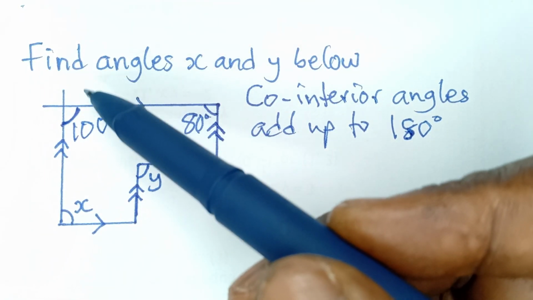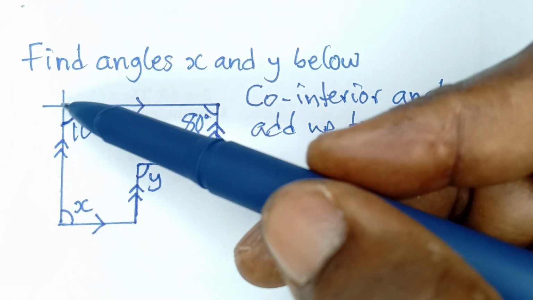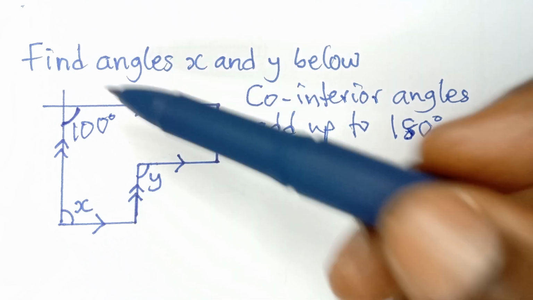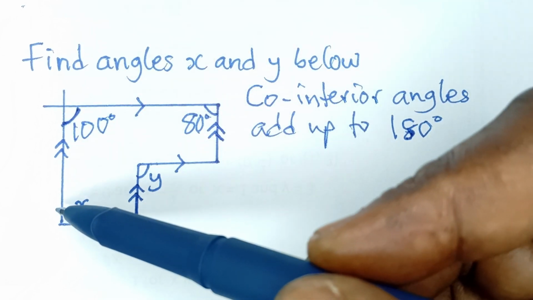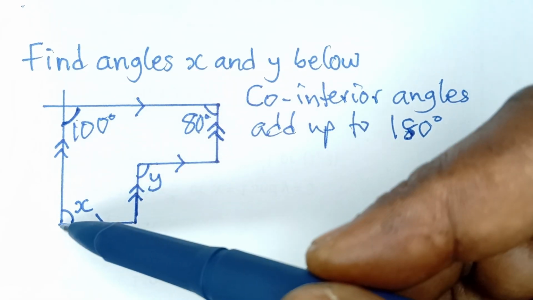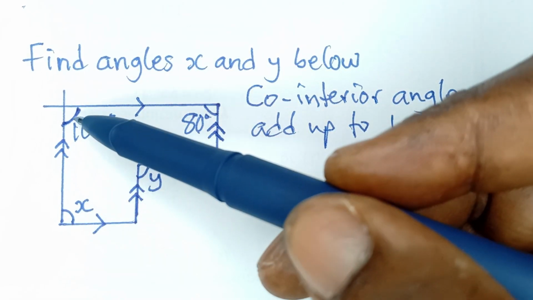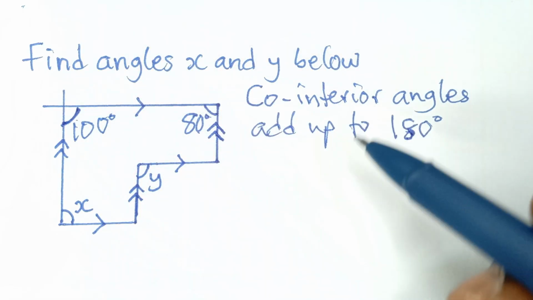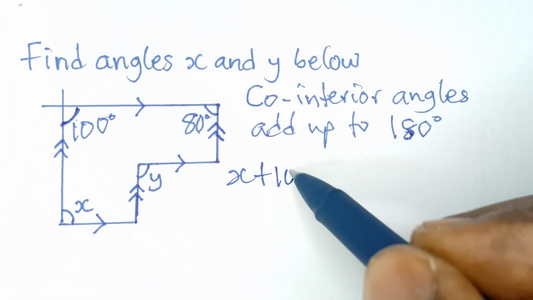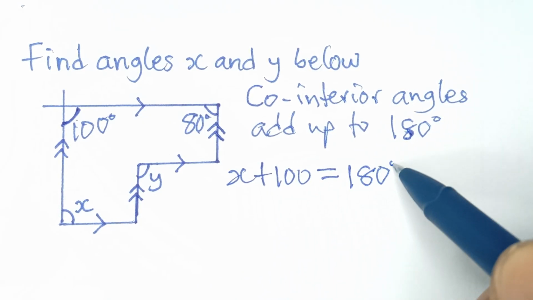So now that this angle is 100 degrees, I'm also going to use the same rule here. If you look at this line, it is also parallel to this line. So this 100 degree and angle X, they are also co-interior angles, angles between two parallel lines like this. So I'm simply going to say that X plus 100, don't forget that co-interior angles add up to 180 degrees.